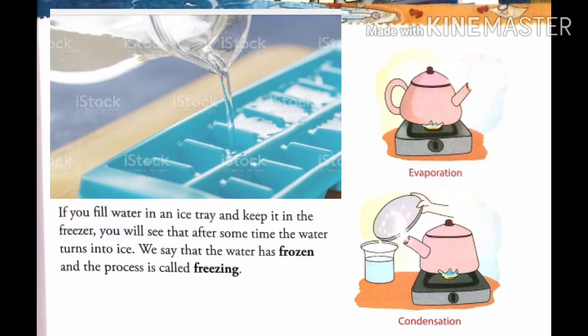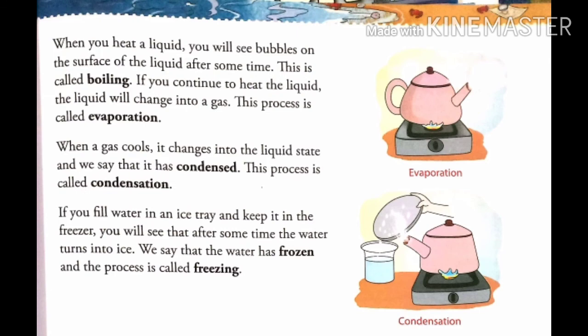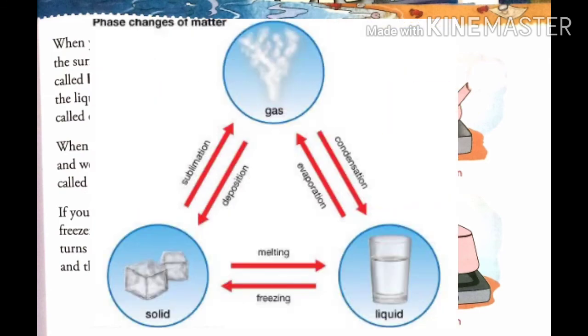When we put water in an ice tray and place that ice tray into our freezers, into our refrigerators for some time, we can see that the water changes into ice cubes, which shows the process of freezing. So students, these were a few processes which take place while a substance changes its state from one form to another.